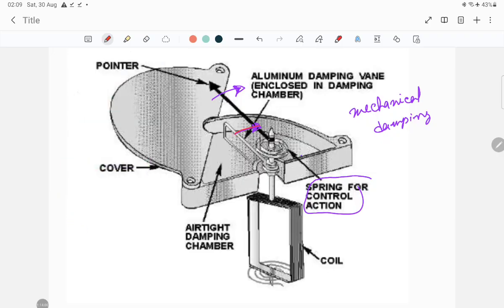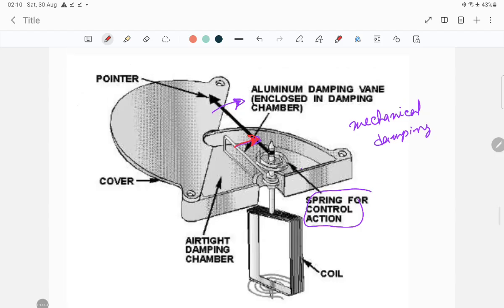When the vane is rotating in this particular direction, you can see that the chamber is filled with air. So there will be air force or air pressure in the opposite direction. This opposing pressure will ultimately create the damping effect.